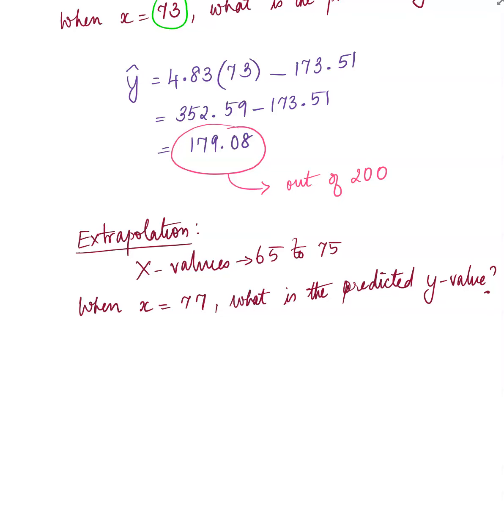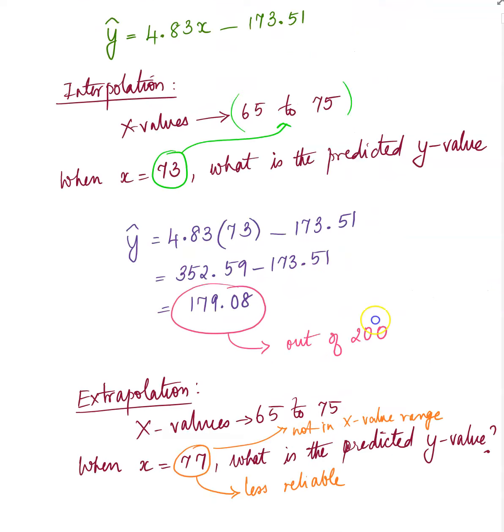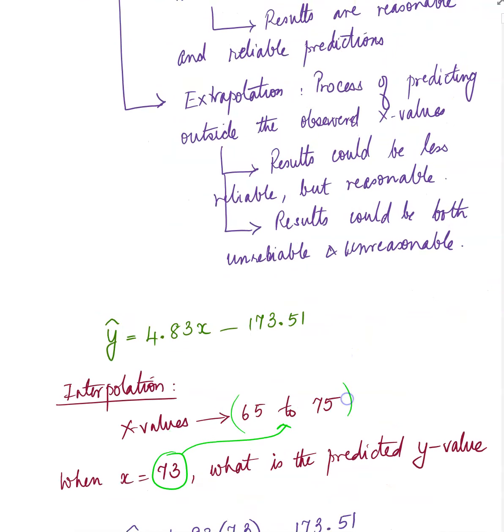So this time we look at this and say, okay, this is not in the x value range. Immediately that means it is less reliable. And if you go back to how we define this, extrapolation is the process of predicting outside the observed x values. So in that sense, we did choose something outside, but there are two possibilities. It could be less reliable but reasonable, or it could be unreliable and unreasonable.